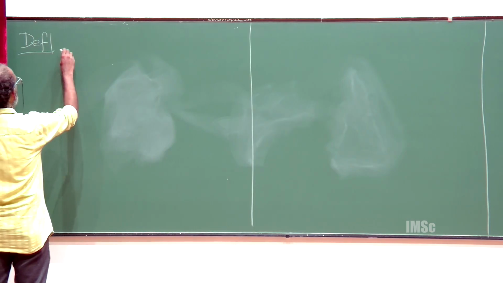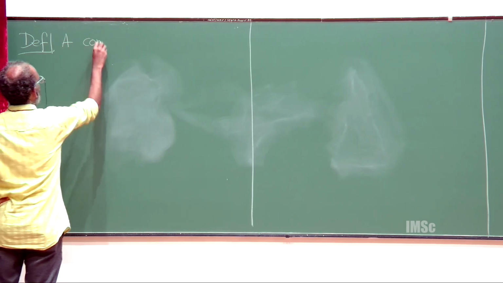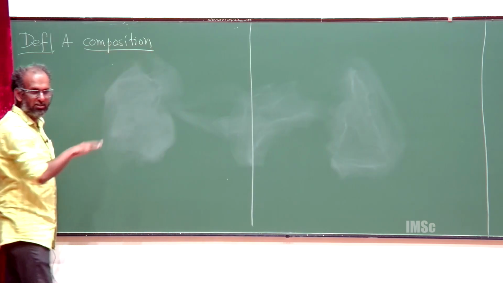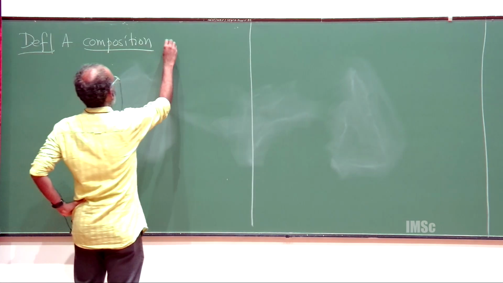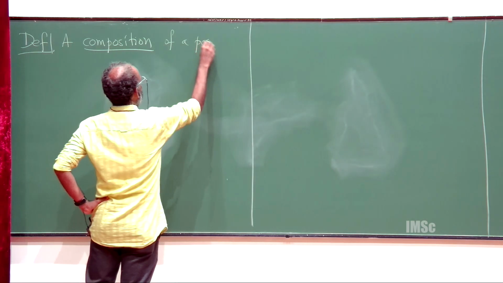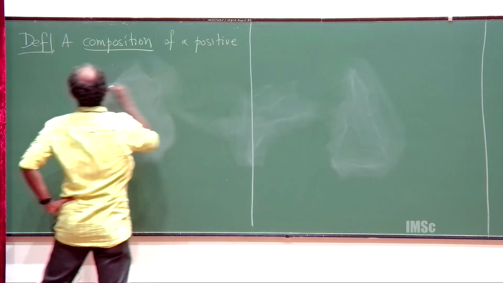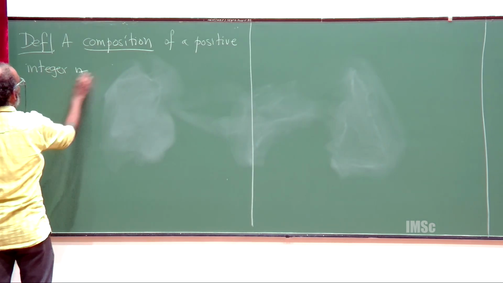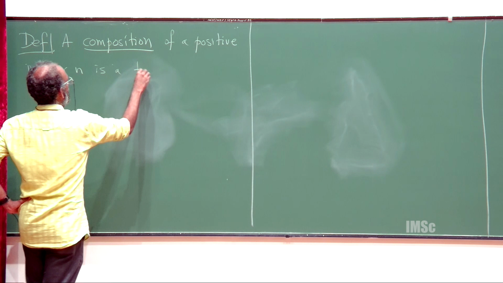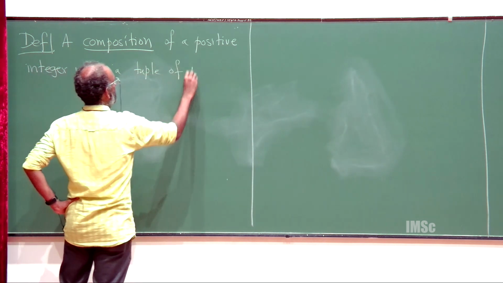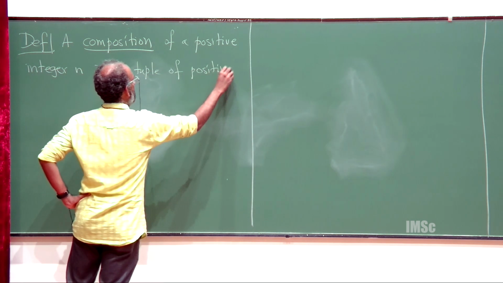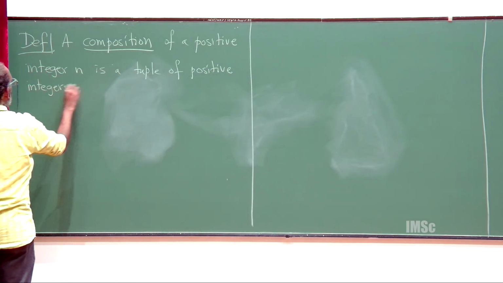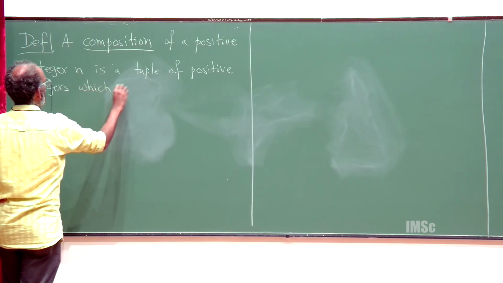Okay, so the first thing I want to define is a composition. This is not function composition, this is composition as it is. A composition of a positive integer n is a tuple of positive integers which sum to n.